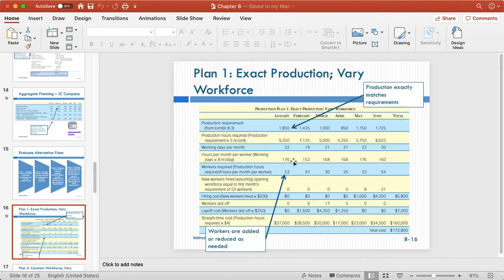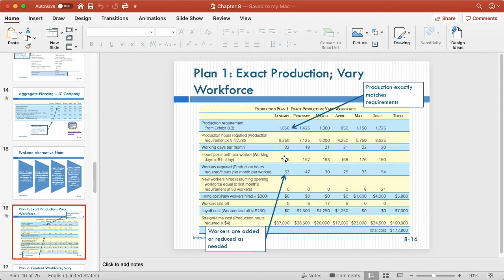So 176 is calculated by multiplying 22 with 8. What does this 176 mean? It means that every worker can work 176 hours in this month.